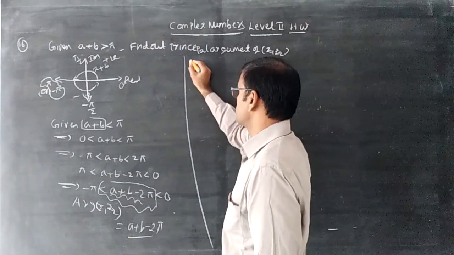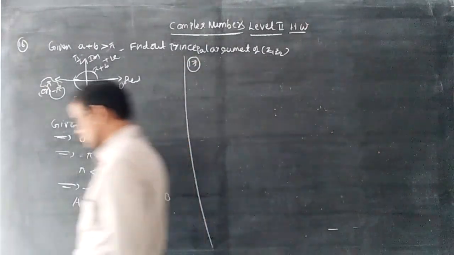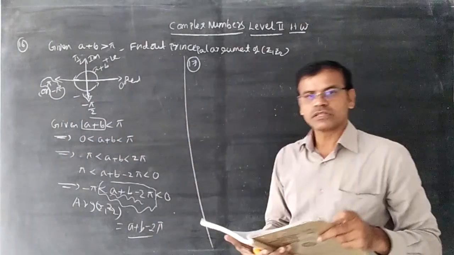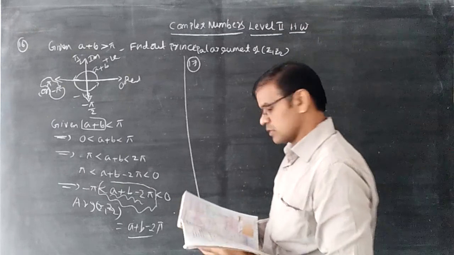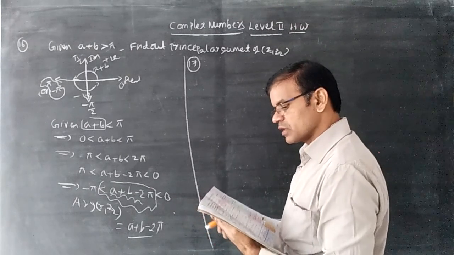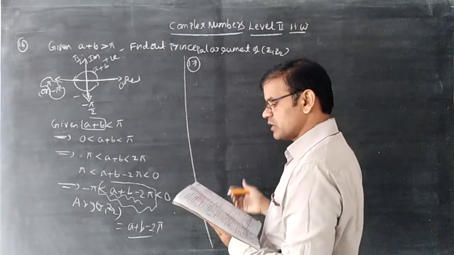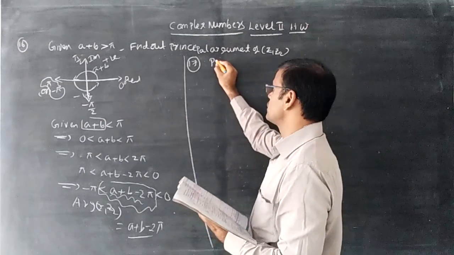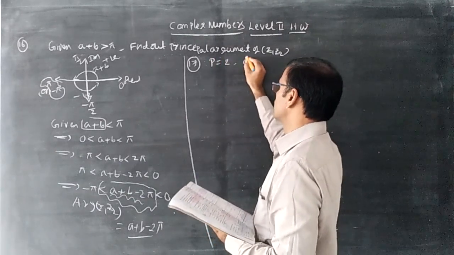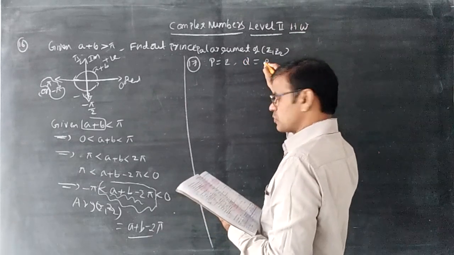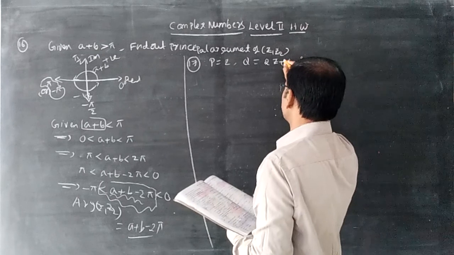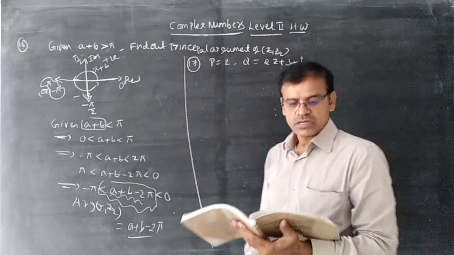Now the 17th question. Two points P and Q in the Argand diagram are represented by Z and 2Z plus 3 plus i. So the first point P is given as Z, and the second point Q is given as 2Z plus 3 plus i.